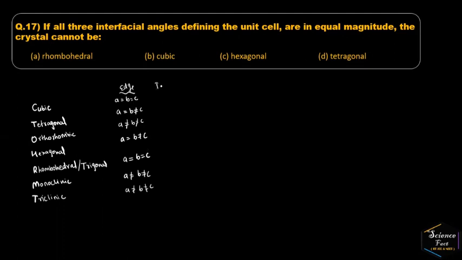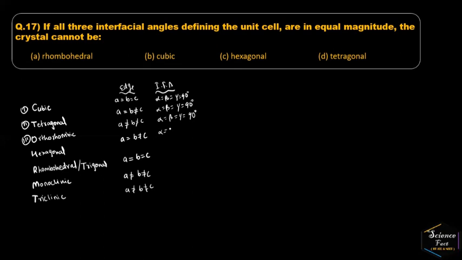For interfacial angles, starting from the first three, these three unit cells having equal interfacial angles should be equal to 90 degrees. Alpha equals beta equals gamma, that equals 90 degrees.